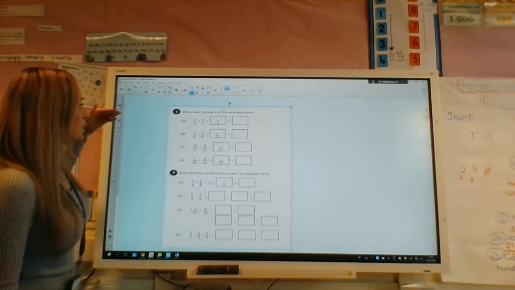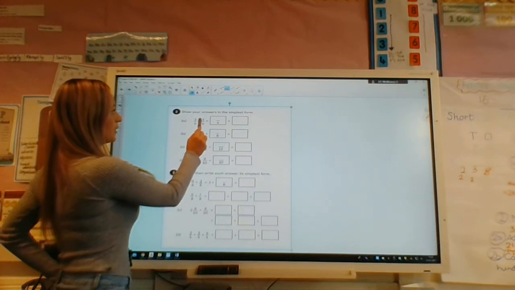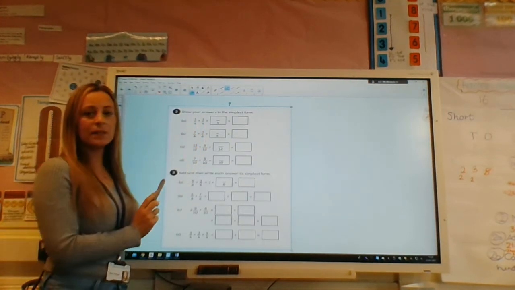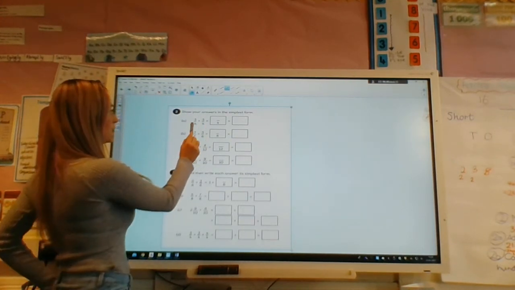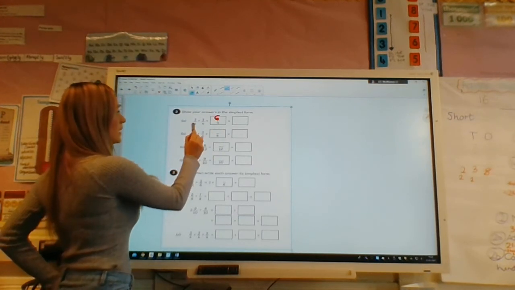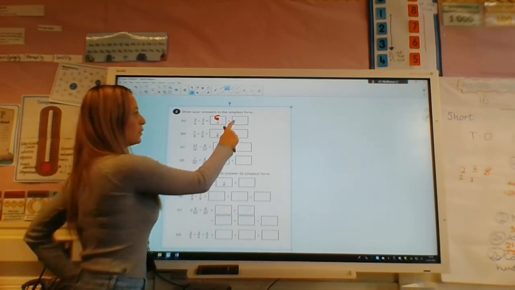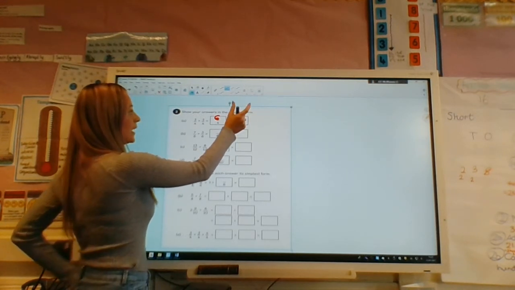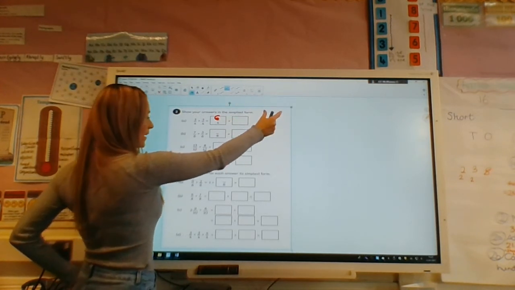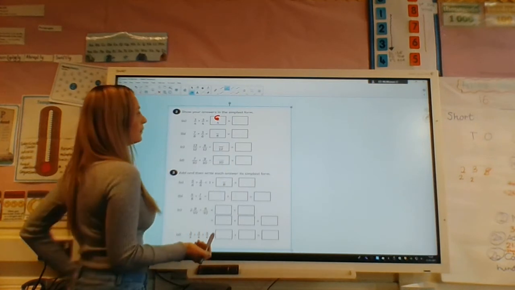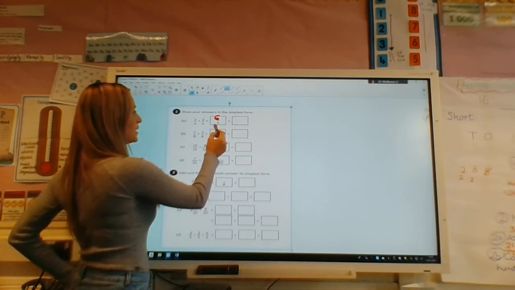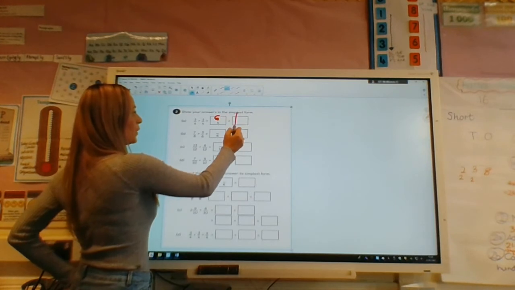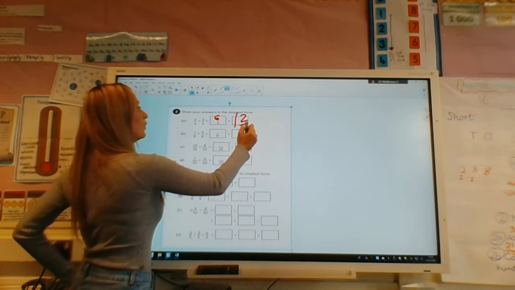On question 2, you're adding these 2 fractions, and it wants it in the simplest form. So add the 2 fractions. Here you've got 3 add 3 is 6, and the denominator is 4. It wants you to write the simplified form here, but what I'd like you to do first is do it as a mixed number and then convert it into the simplified form. So 6/4 would give you 1 whole and 2/4.